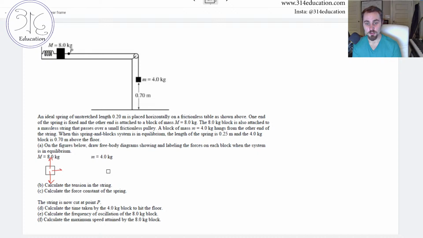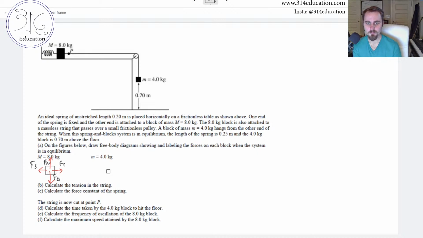We have a tension force from the string, and we have a spring force from the spring. So we'll label these as such: Fs, Fn, Fg for gravity, and Ft for tension. S is for spring, N is for normal, then tension and gravity.